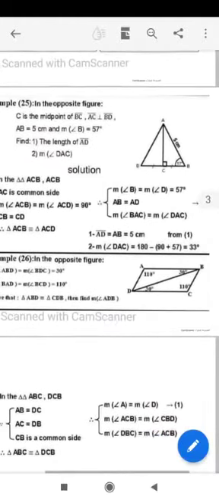In the opposite figure, C is the midpoint of BD and AC is perpendicular to BD, and AB equals 5 cm, measure of angle B equals 57. Find the length of AD and the measure of angle DAC.